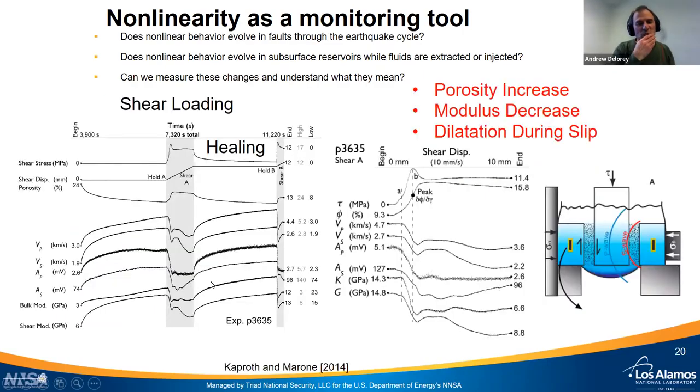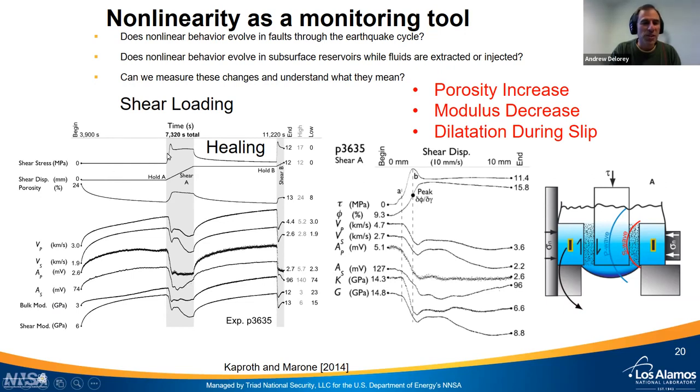And then they continued with shear loading in this experiment. There are also both instantaneous and time-dependent processes. The shear displacement is here. There's a hold, then a shear displacement, and then a hold again.